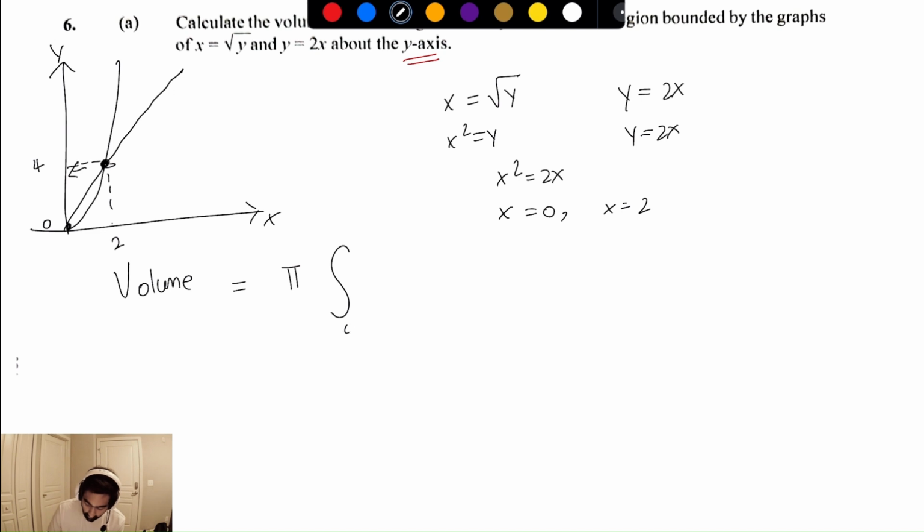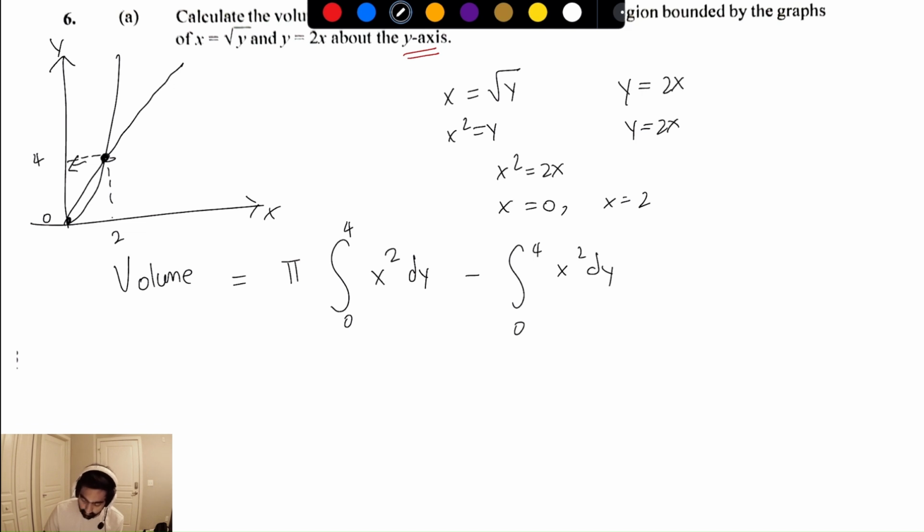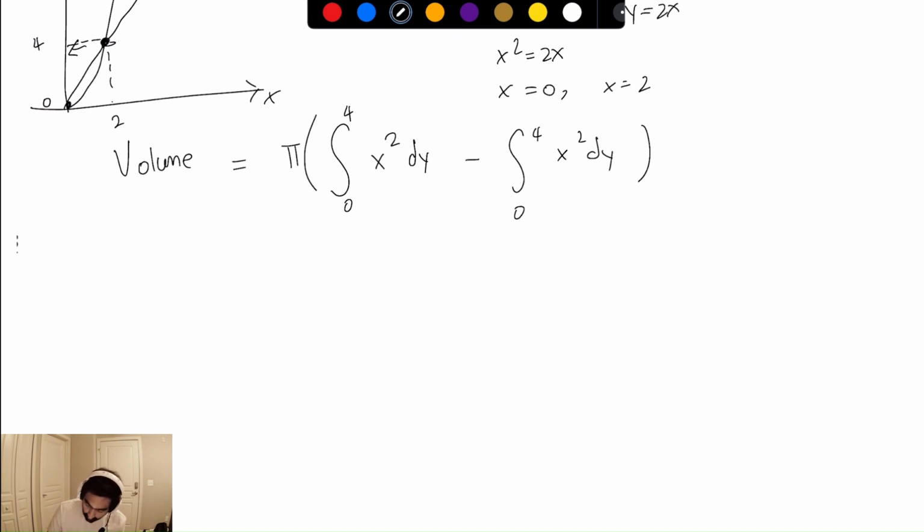So as we see, y is going from 0 to 4. And the curve that's further away is the x curve. So it's going to be the integral of x squared dy minus, well, this is x corresponding to the first curve, and then minus, same thing, the integral from 0 to 4 of x squared dy. And I'll just put this in brackets.